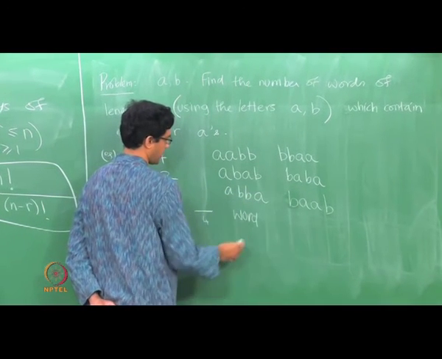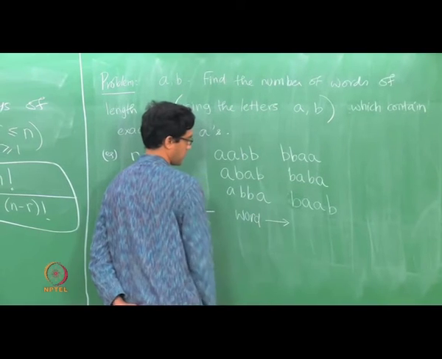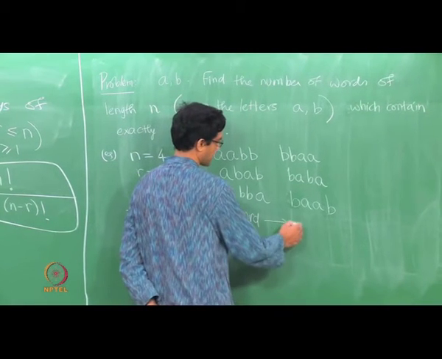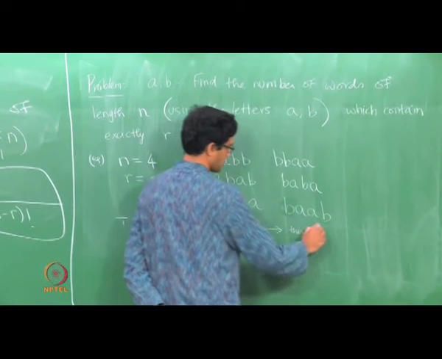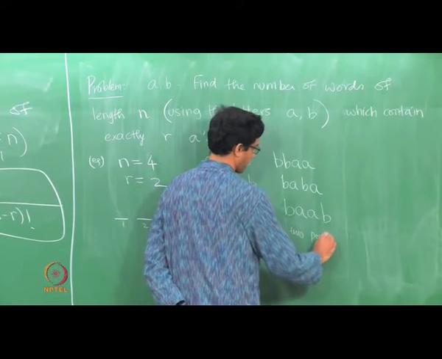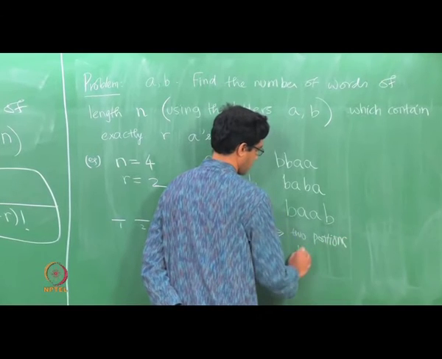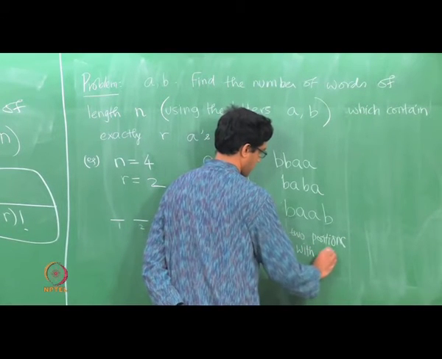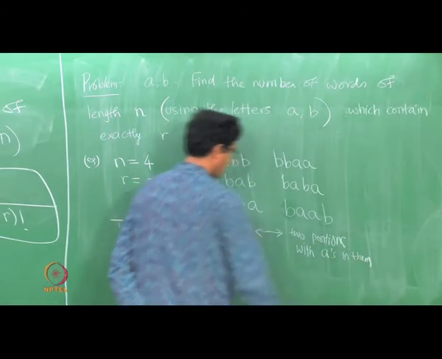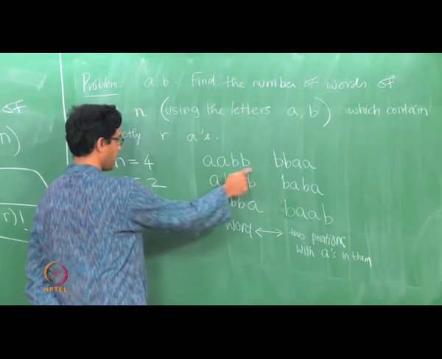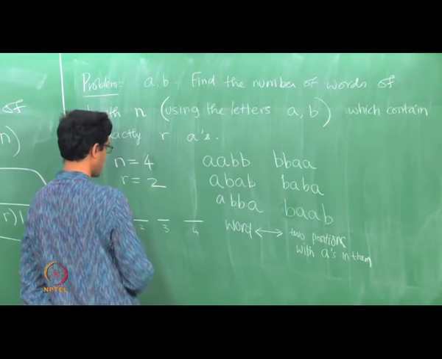of this kind gives me the following piece of information. It tells me 2 positions. This is the same information as the 2 positions which have A's in them. So for instance, the word AABB has A's in positions 1 and 2.